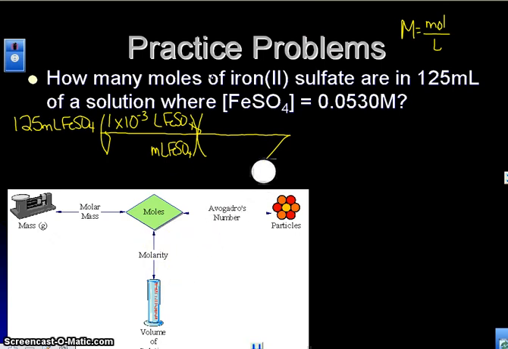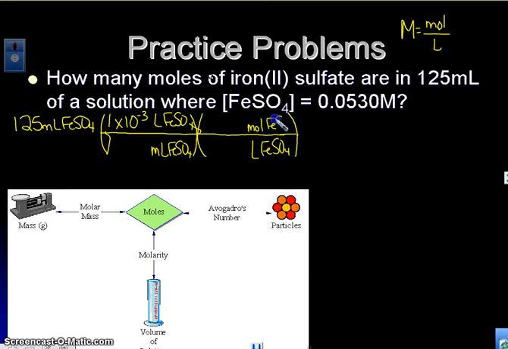Erase that, I got carried away with the pen. So we're going to want liters on the bottom, liters of FeSO4 on the bottom, and we're going to want our moles on the top. We want to go from liters to moles.